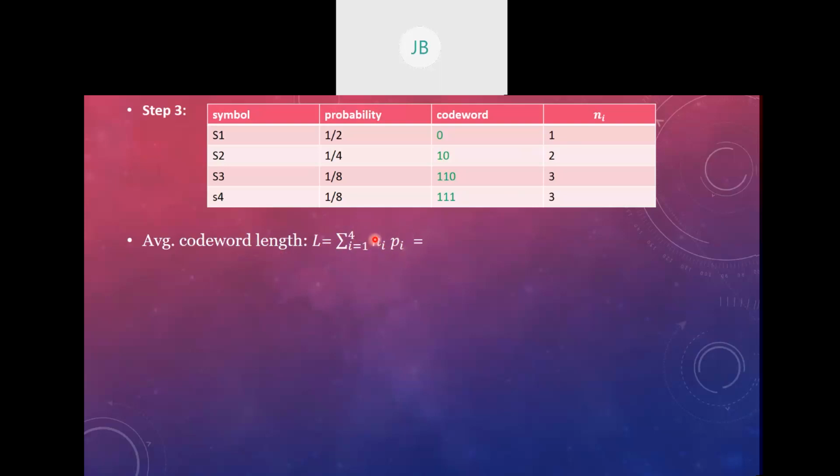So basically this is nothing but weighted probability. So Ni comes from this column here and probabilities are listed here. So now it becomes very easy to compute the average code word length. So for the first symbol, code word length Ni is 1 and its probability is 1 by 2, and for the second symbol, third and fourth symbols here. So that becomes 1.75 bits per symbol.